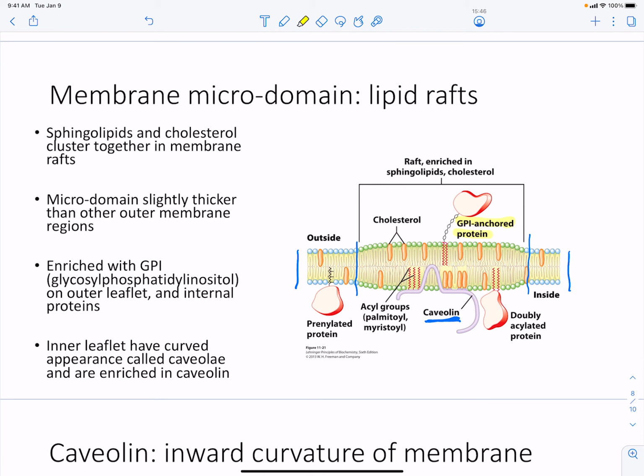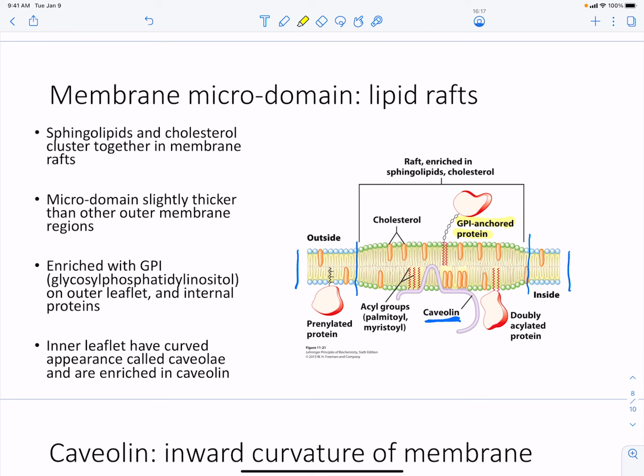That's glycosyl phosphatidylinositol anchored proteins, and those are going to be on the outer leaflet, and they can also be associated with the inner membrane. However, the GPI anchored proteins on the outside are going to lack a transmembrane domain. They also have no cytoplasmic tail, so they're going to exclusively be on the extracellular side. It does not span the membrane. It's not an integral membrane protein.